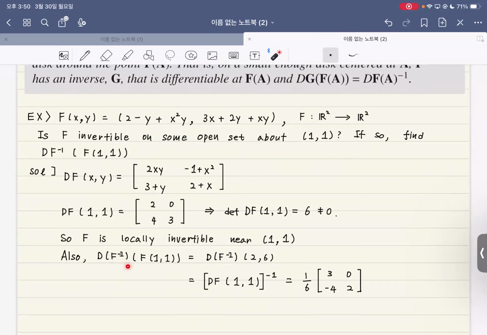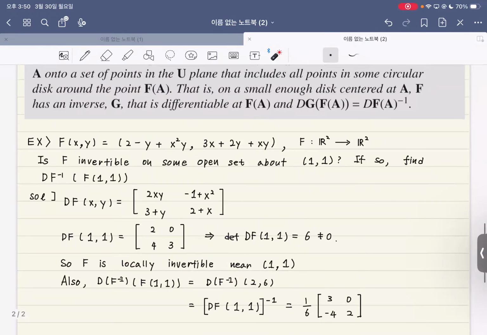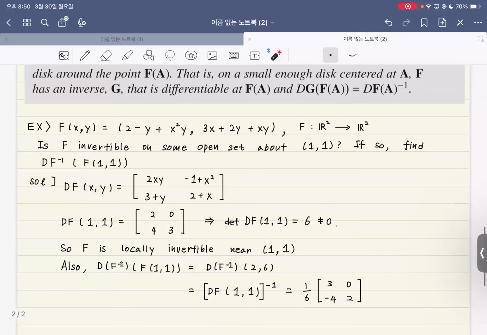Then f inverse at f of (1, 1) turns out to be (2, 6), right? And our theory says the matrix derivative of this inverse function is simply the inverse matrix of the original matrix derivative. So what you're supposed to do is find the inverse matrix of this guy.